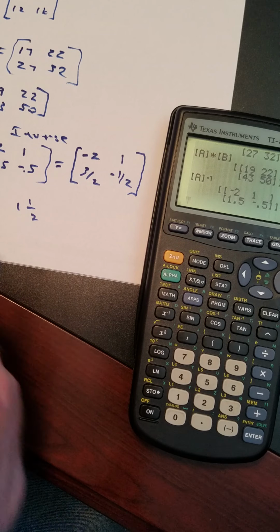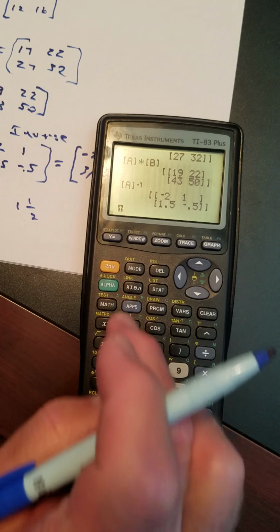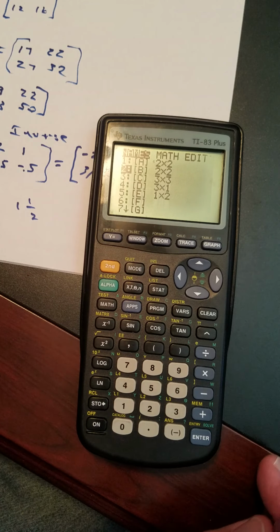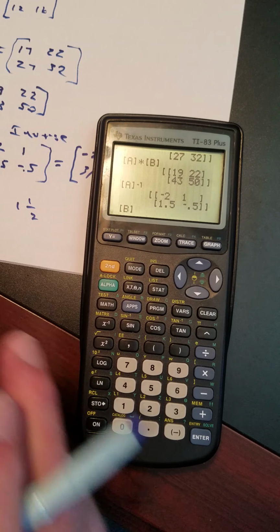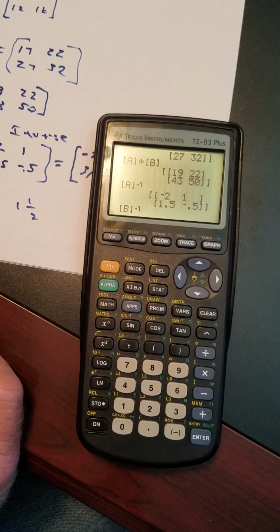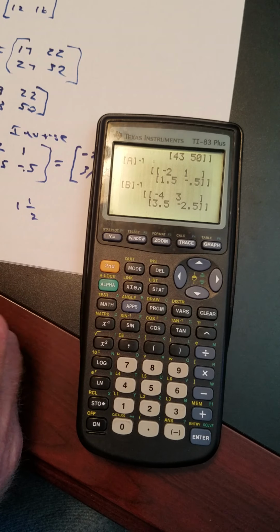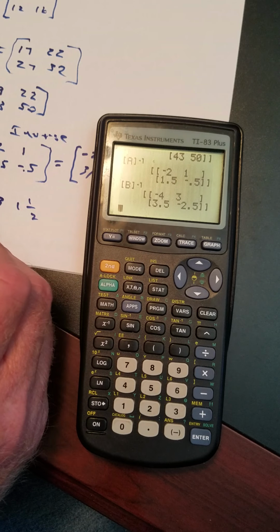Let's say we want to find the inverse of b. So I'm going to go second, matrix. I want b this time. Enter. X to the negative 1. Enter. So I'm going to have negative 4, 3.